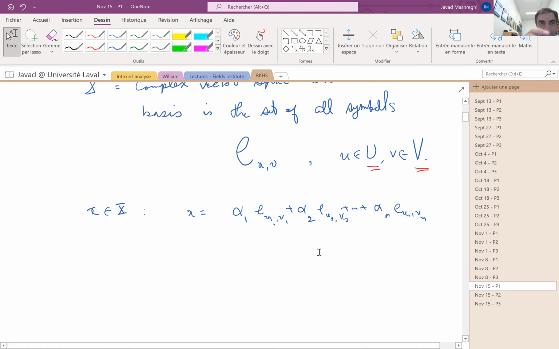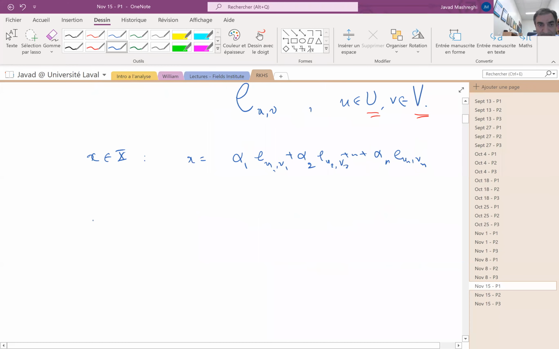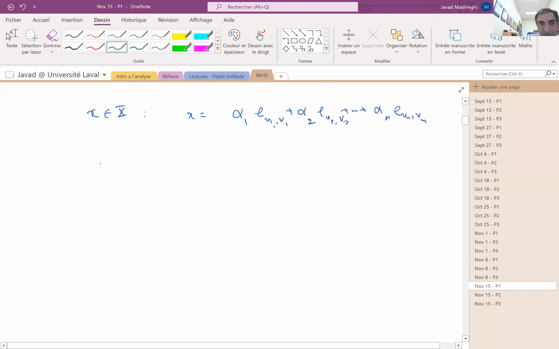Even in the smallest possible case that we may consider, even in the case U equal to V equal to R, the real line. We cannot go to something less than that. And in this case, U times V is the Cartesian plane like this.